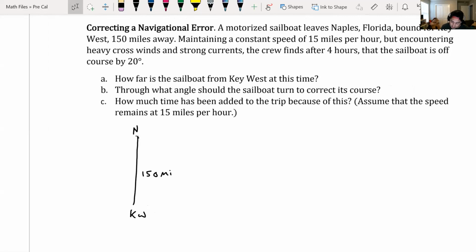So maintaining a constant speed of 15 miles per hour, they encountered heavy crosswinds, and after 4 hours, the sailboat is off course by 20 degrees. Okay, so how far are they? Well, if they're going 15 miles per hour for 4 hours, they have traveled 60 miles so far.